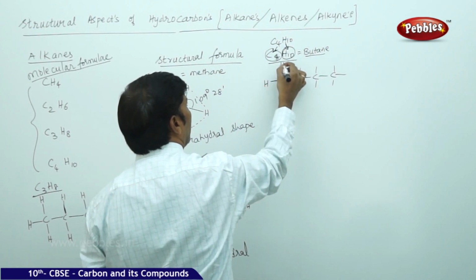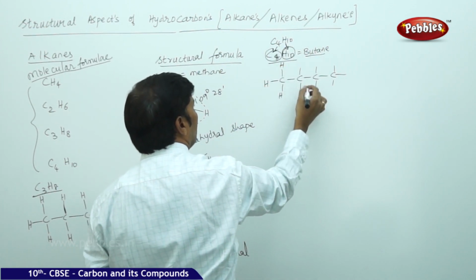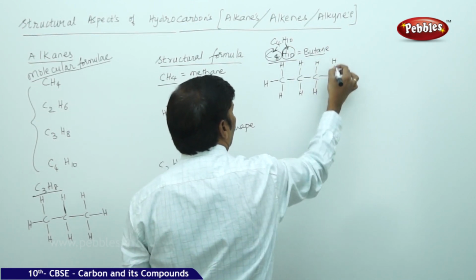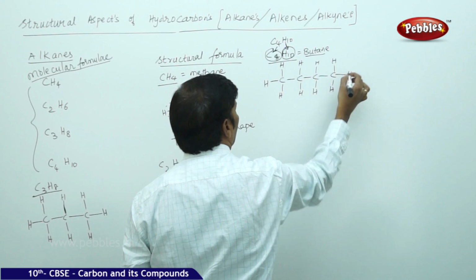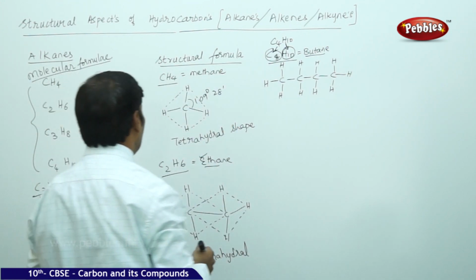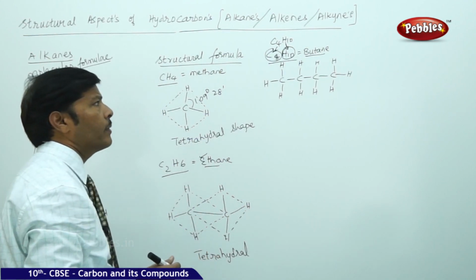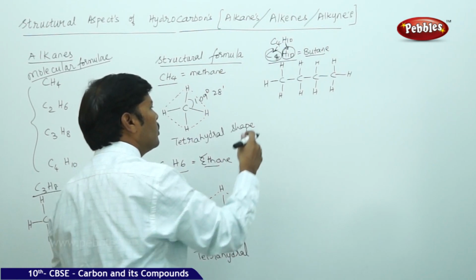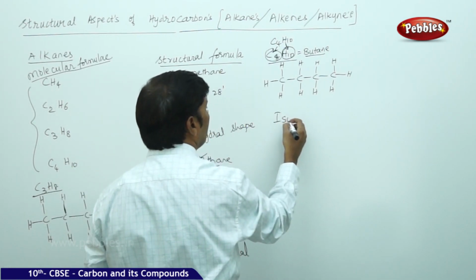So you can take all the hydrogens and adjust them with the covalent bonds of carbon. All this comes under the structural aspects of the alkanes, and these alkanes sometimes also show isomerism.